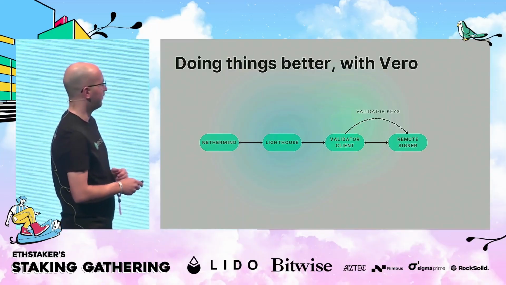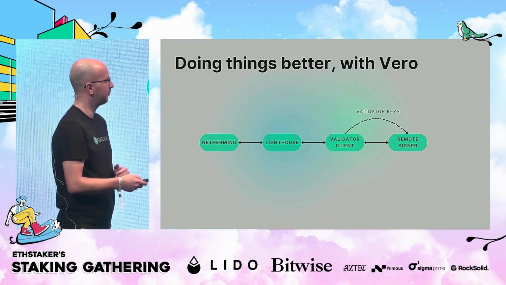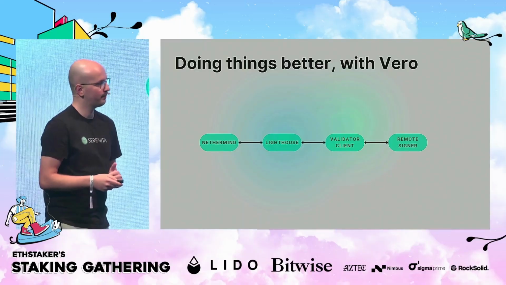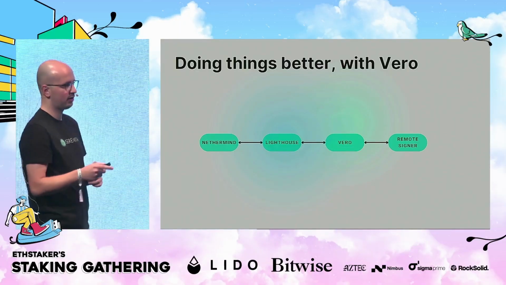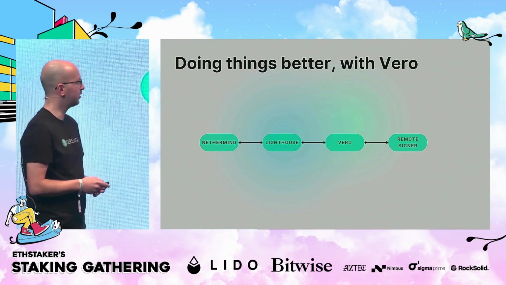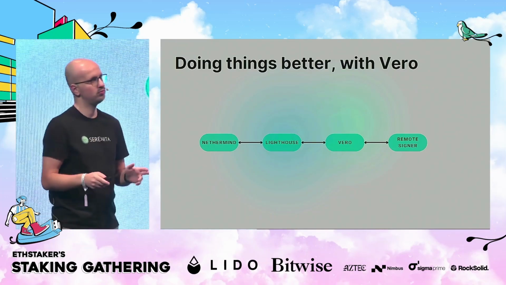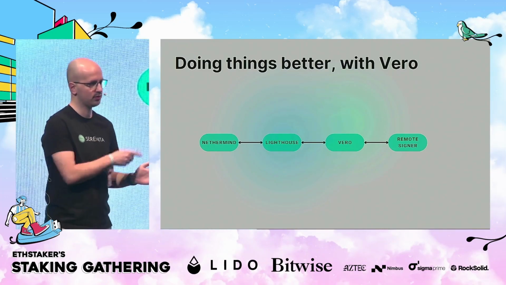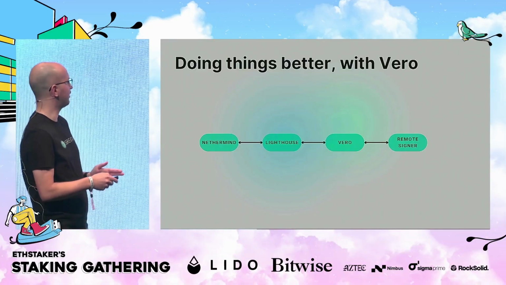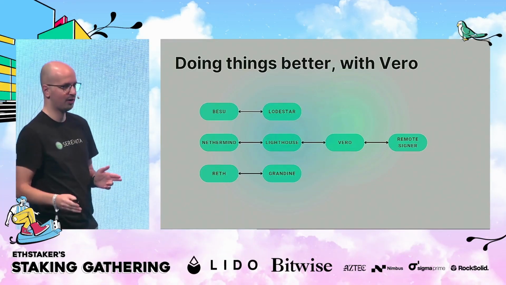So once you have your validator keys in a remote signer, probably Web3Signer, at that point you can switch out the validator client for Vero seamlessly within minutes, and at that point your setup is not much safer than it was before, because you're still using one single client pair. But at this point you should spin up some more client pairs.